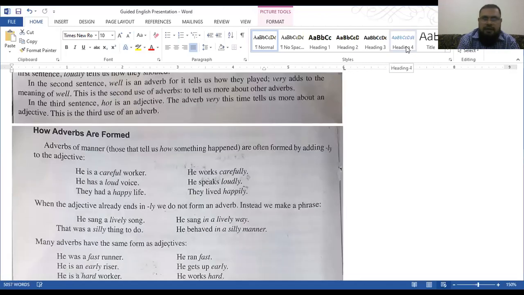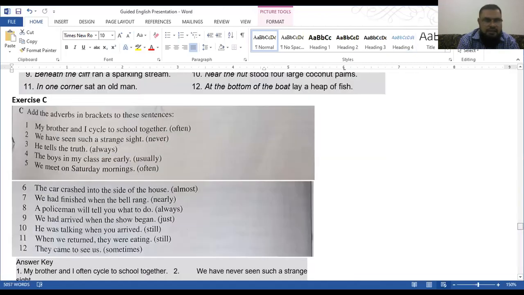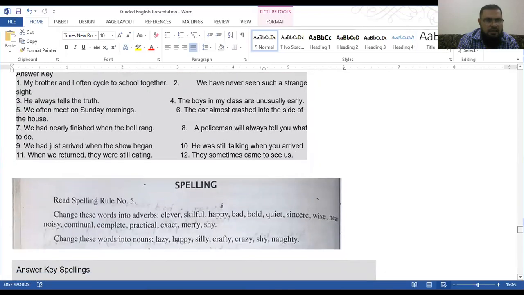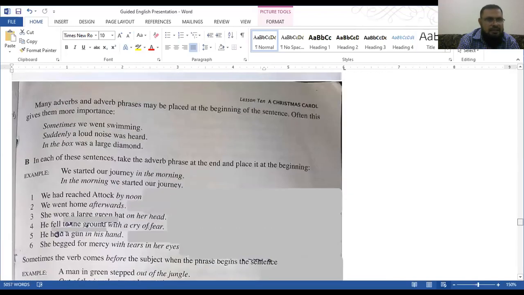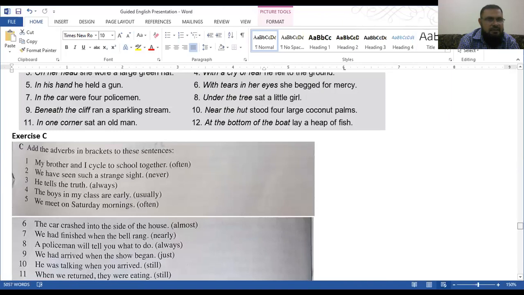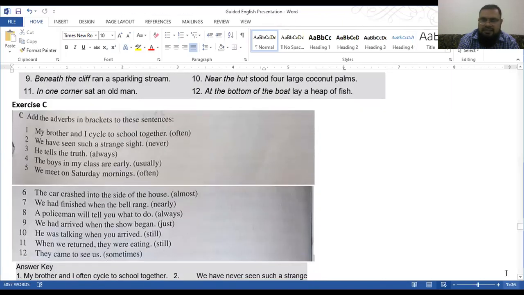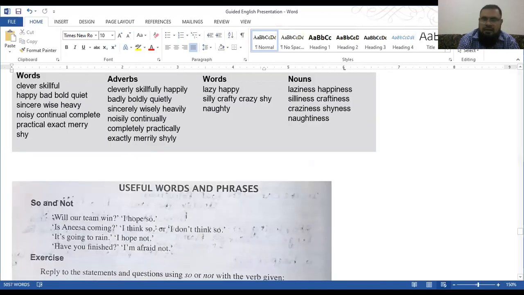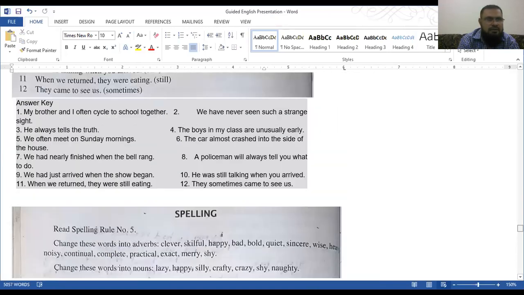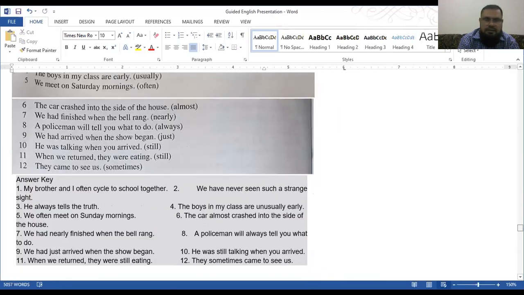So we were at exercise C. Add the adverbs in brackets to these sentences. Maybe I am reading it again, but let's do it.